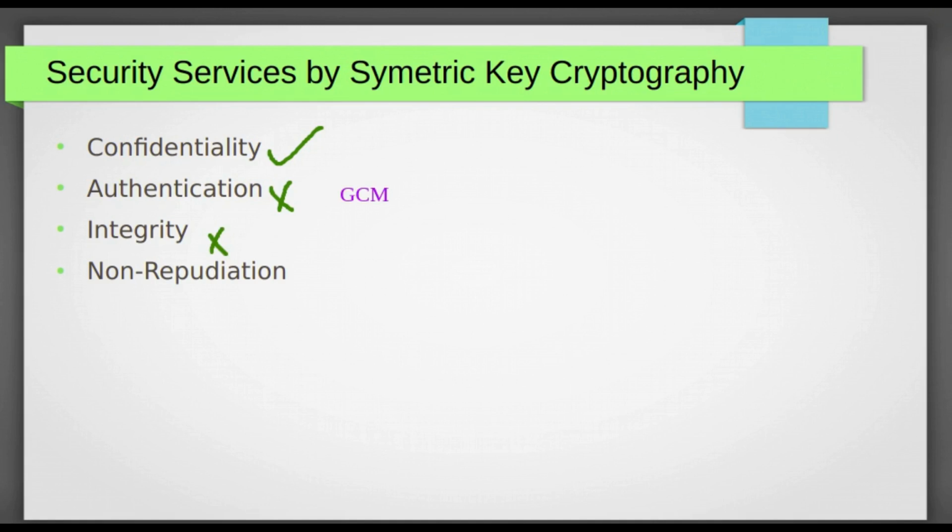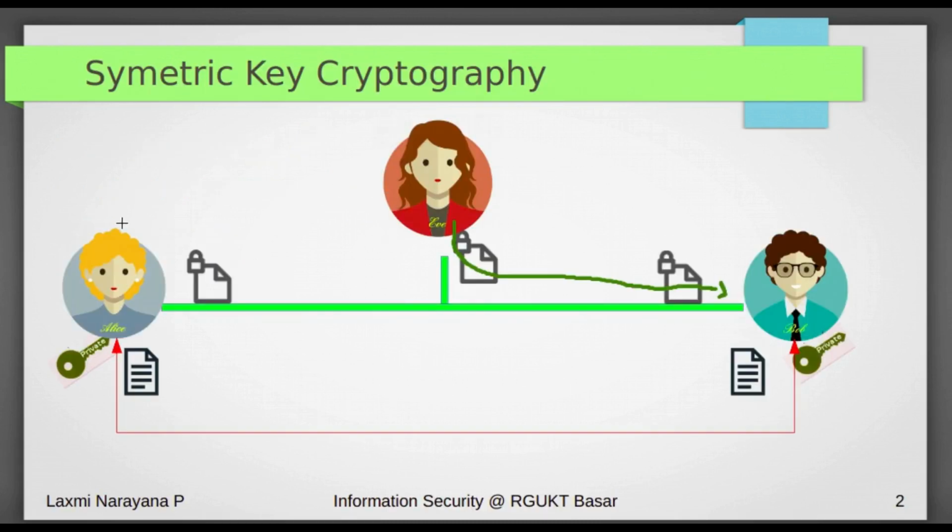Symmetric key cryptography can also be used for authentication if you use an authenticated encryption mode of operation like GCM. If one of the communicating entities, either Alice or Bob, tries to cheat the other, it is impossible to decide who is right.